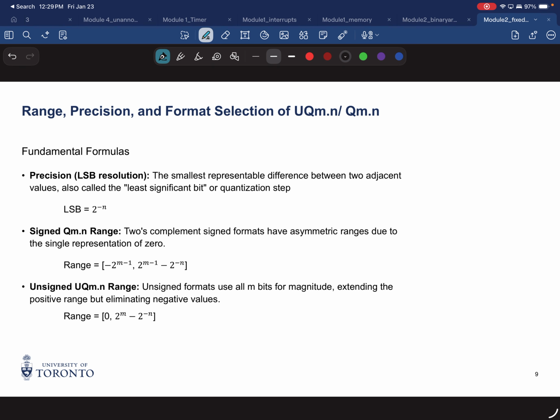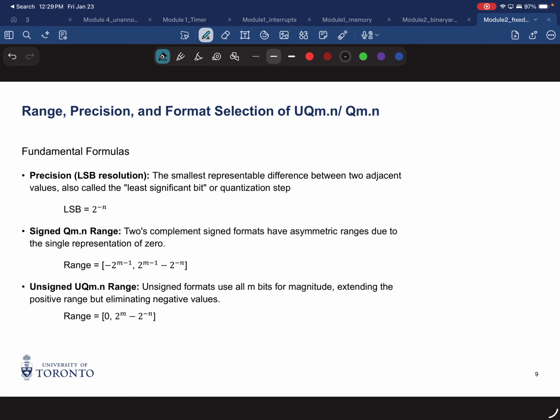It's very important because based on your application, and based on the range of the sensor readings or the resolutions that you need, you need to know what format you should be using, right? So you can basically, without overflowing, without saturation, represent all the readings you have successfully.